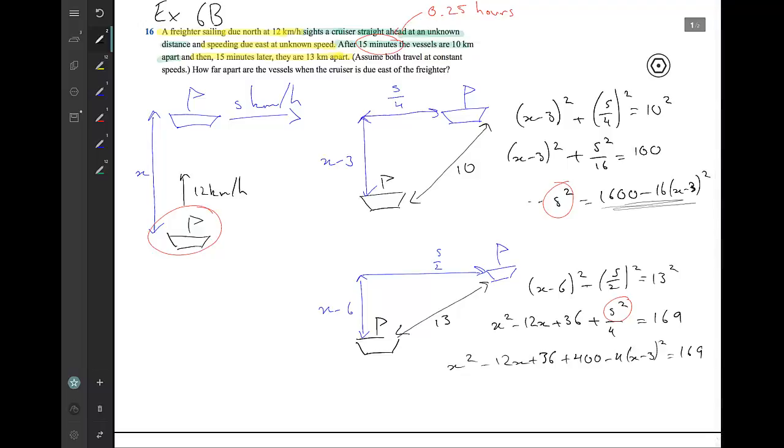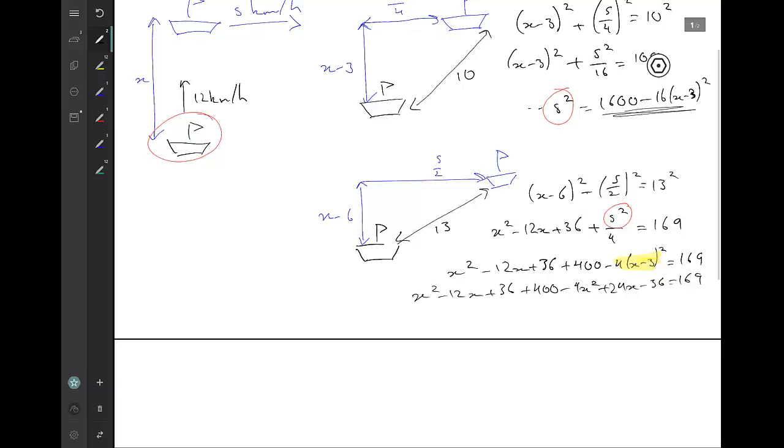We're now going to go ahead and expand this bit here. So we get x squared minus 12x plus 36 plus 400 minus 4x squared plus 24x minus 36 equals 169.